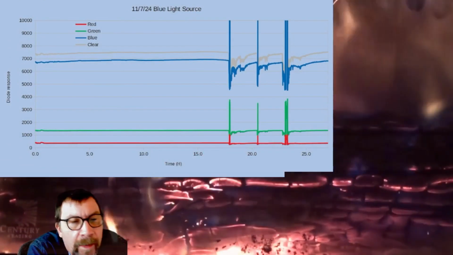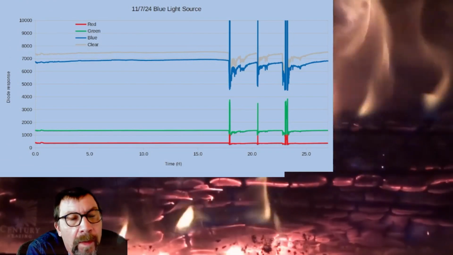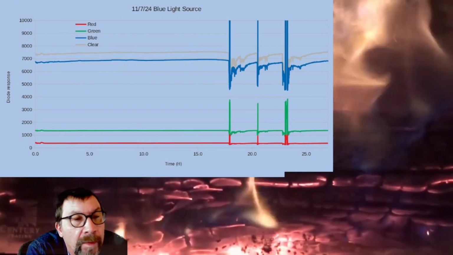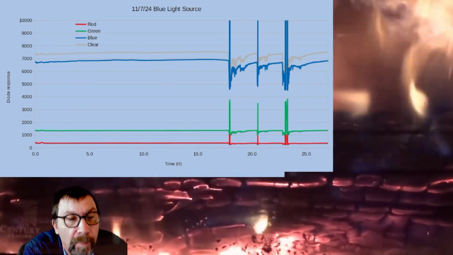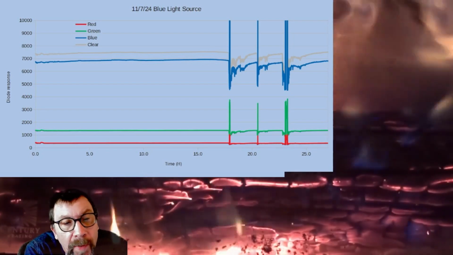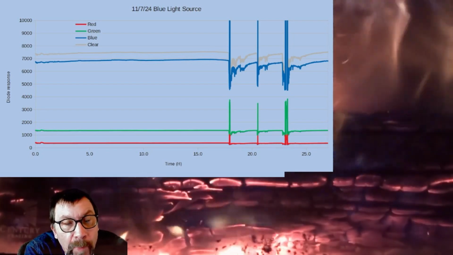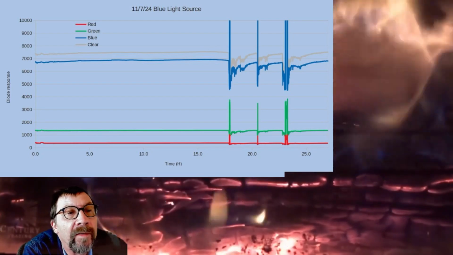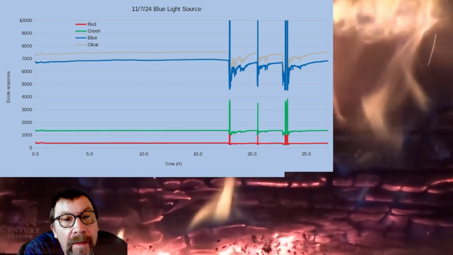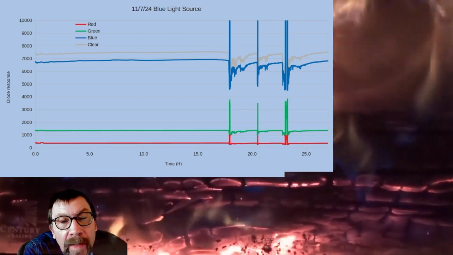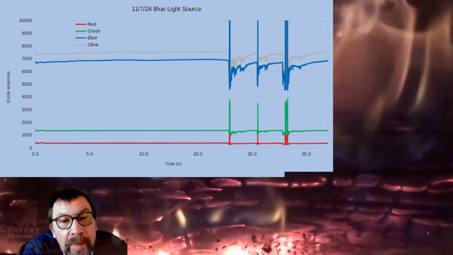This is the diode response from the 4 light sensors on the sensor. And you can see it's saying this is a blue light. So blue and clear are reporting in quite high, between 7 and 8,000 at the brightest point. We do have some anomalous readings, but they're very short.